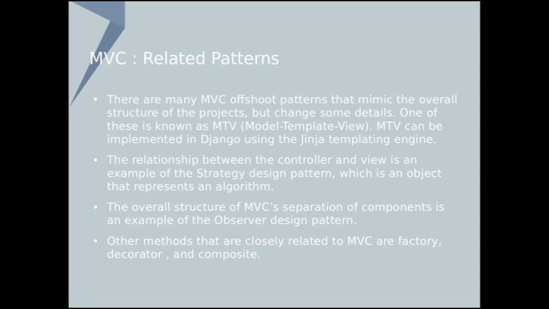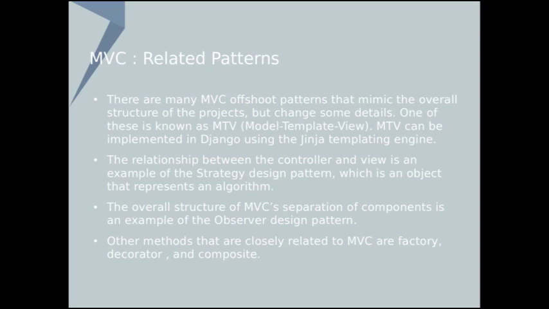The relationship between the controller and the view is an example of the strategy design pattern. Basically, this means an object that represents an algorithm. Essentially, the strategy design pattern creates a family of related algorithms and lets them vary independently, so you can substitute one for the other.